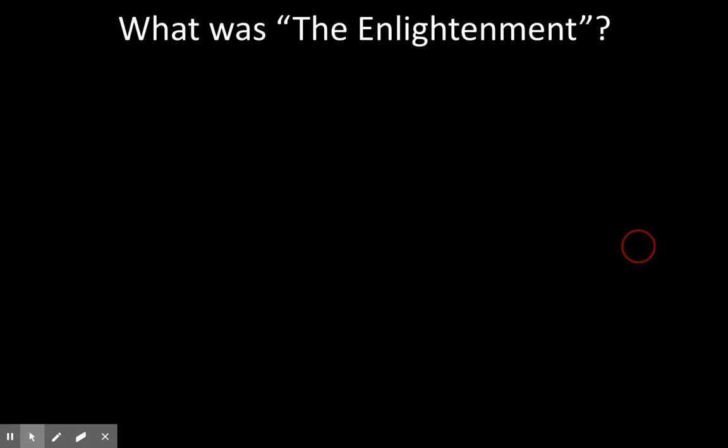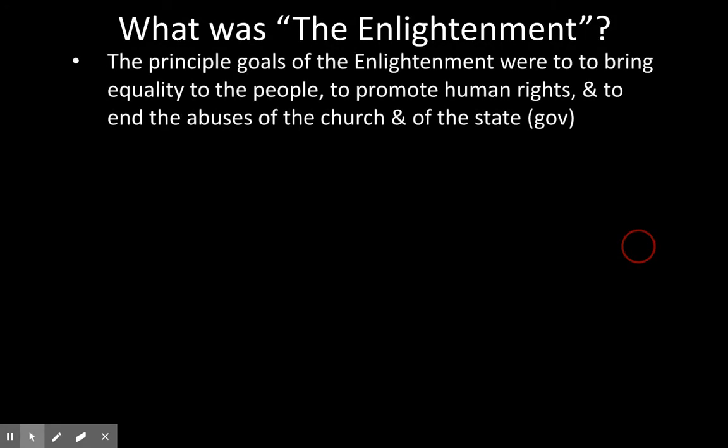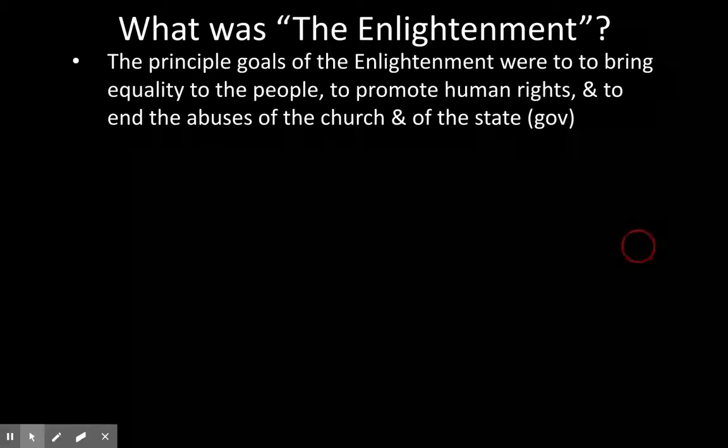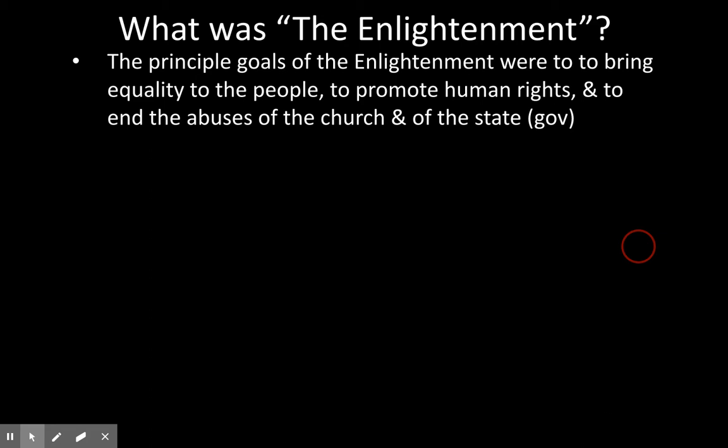So what was the Enlightenment? Well, the principal goals of the Enlightenment were to bring equality to the people, to promote human rights, and to end the abuses of the church and of the state. That is the Enlightenment in one sentence. It's a time period when people were starting to think about equality and freedom and having the right to express their ideas.